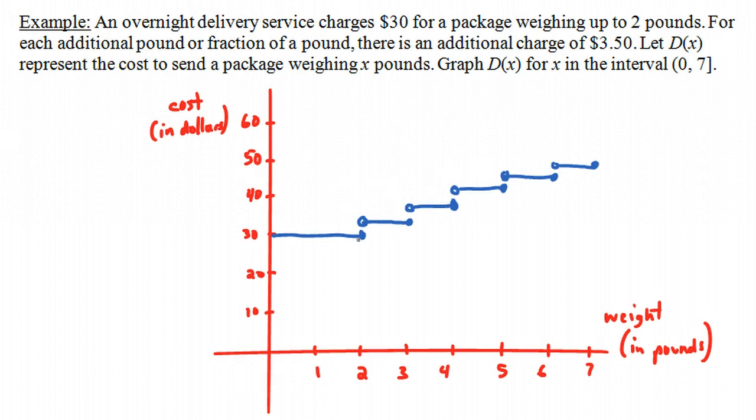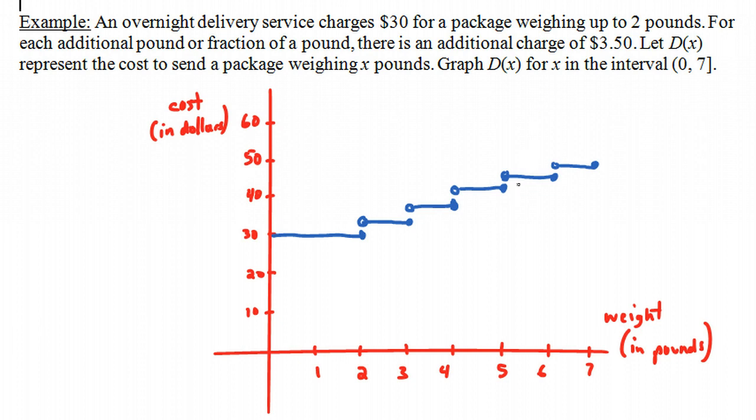So notice that every time it goes up a pound, it's going up $3.50. But any package, for example, that's between 5 pounds and 6 pounds is going to have the same cost. In fact, you can figure out what that cost would be exactly. It's made 1, 2, 3, 4 steps up from $30, and 4 steps of $3.50. 4 times $3.50 would be $14.